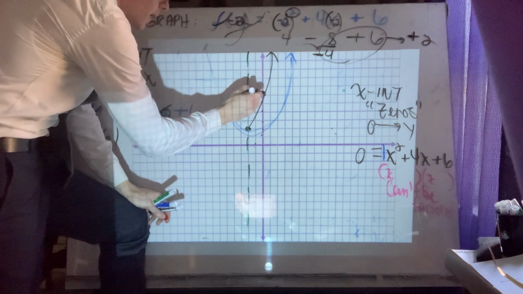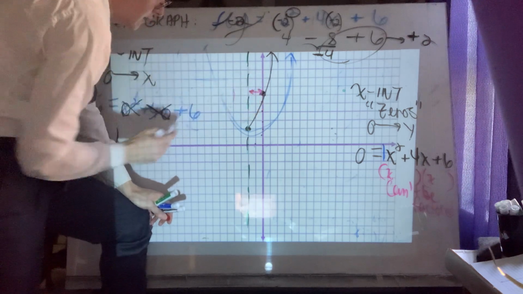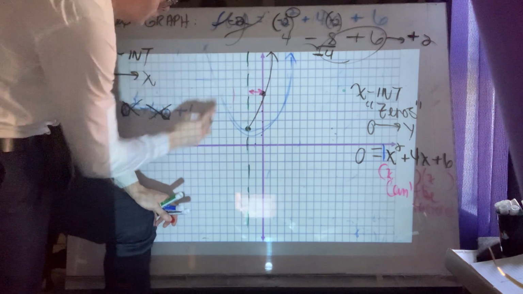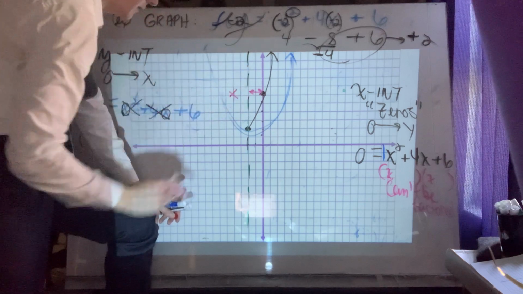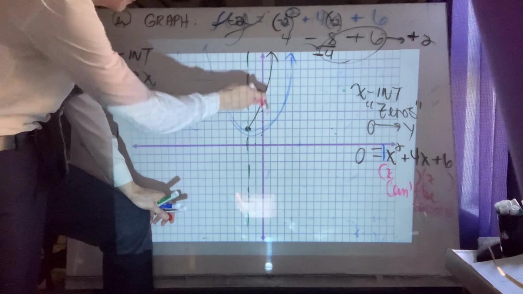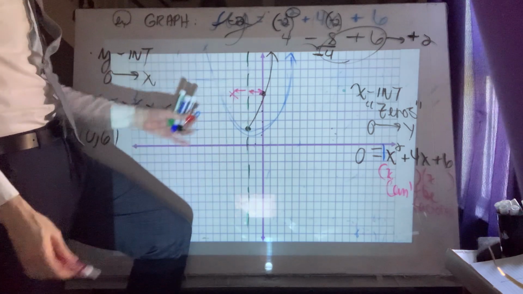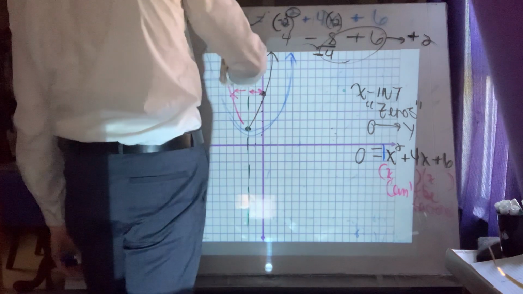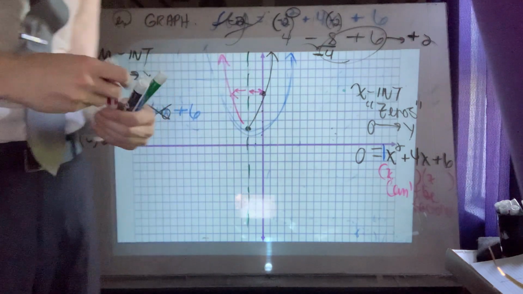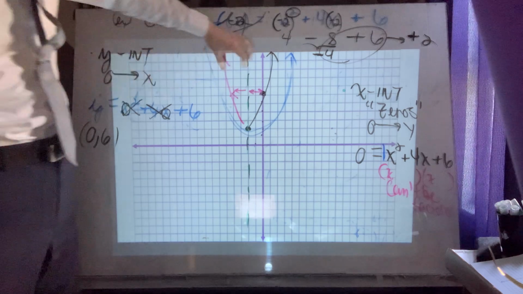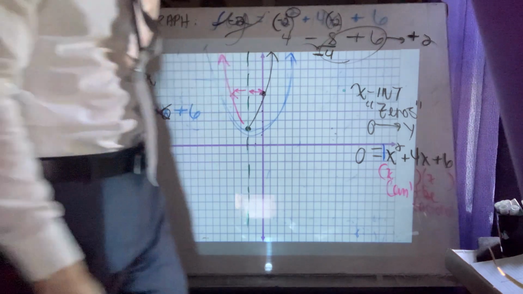How many blocks wide is it from this point to the axis? It's just 2. Being that it is symmetrical, you would make the assumption that there has to be a point here, because that's 2 blocks this way from the same axis of symmetry. And that is enough to draw the picture. You'd have a symmetrical parabola of pretty much a normal width.